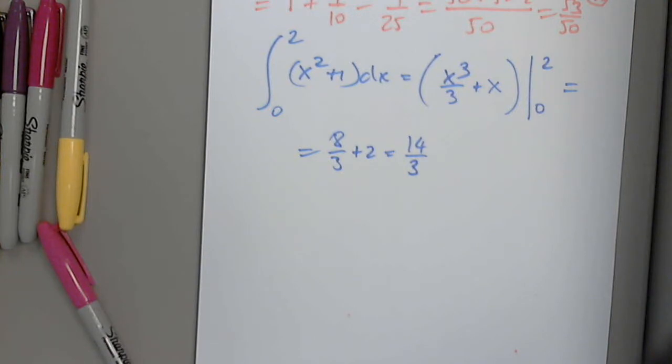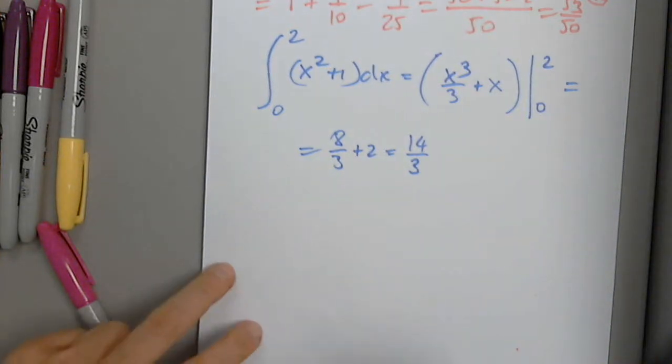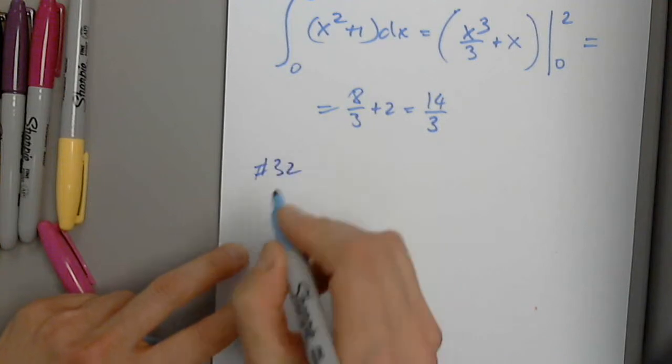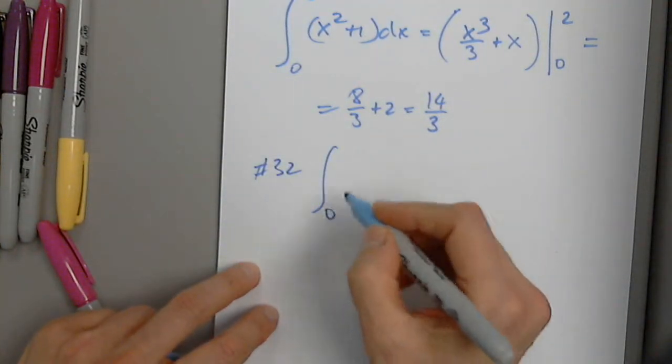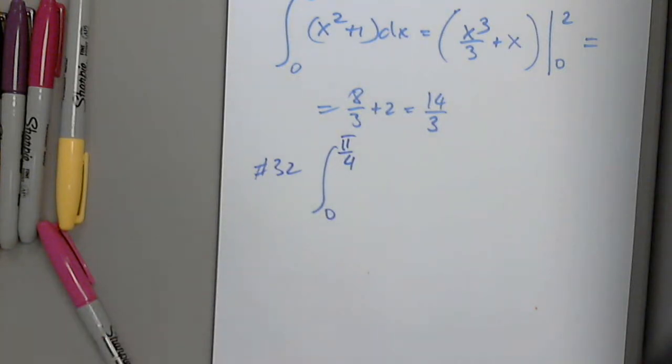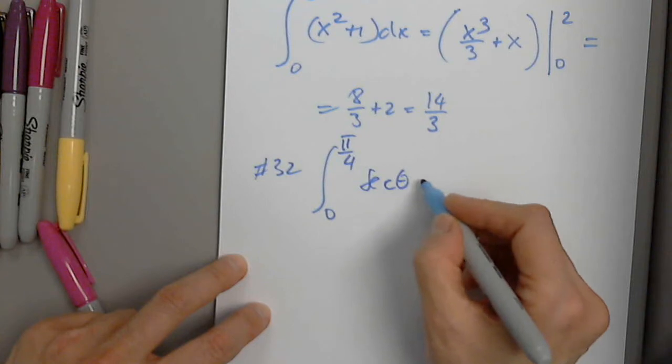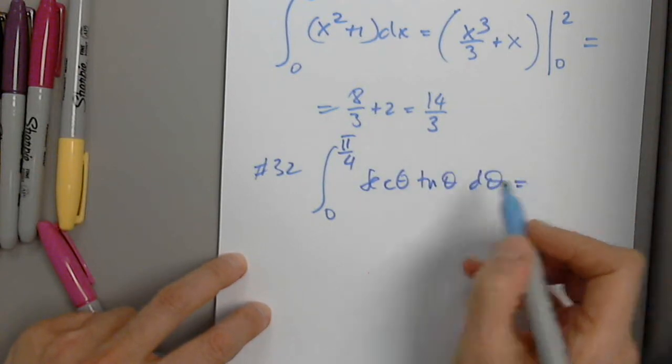What about, yes, any preference? Yes, what about 32? The integral from 0 to pi over 4 of secant theta tangent theta, d theta.